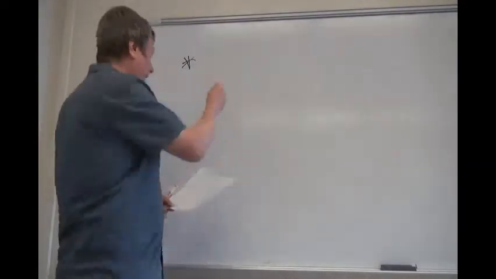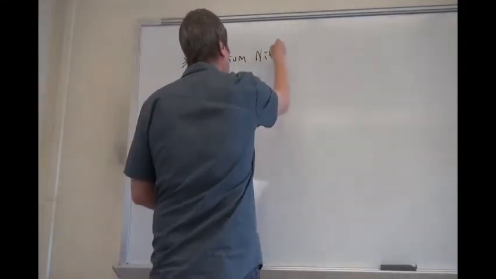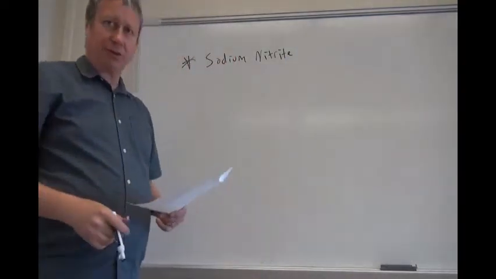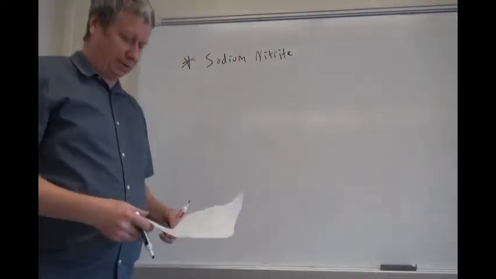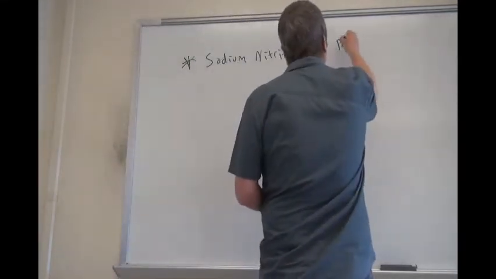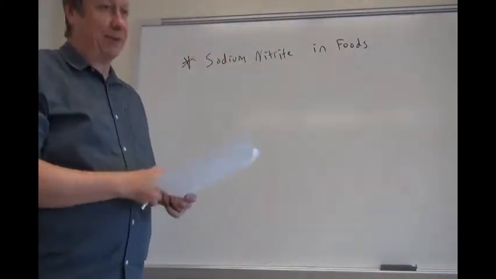toxicology, sodium nitrite. Sodium nitrite, so this is actually a very controversial thing. It's not an organic molecule, it's a very simple inorganic molecule. It's found in foods. It's found in a lot of cured meats.